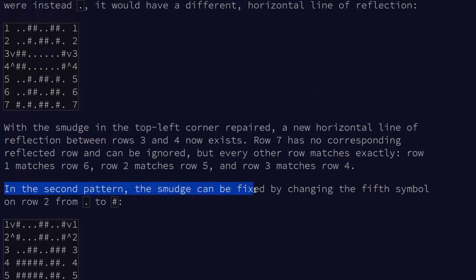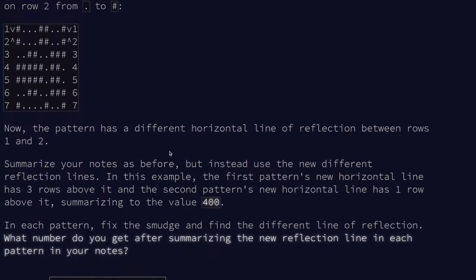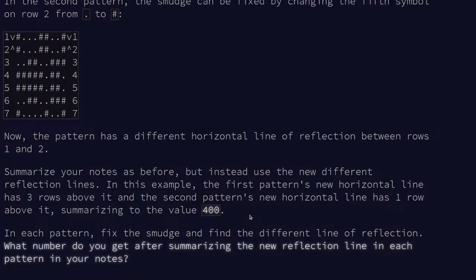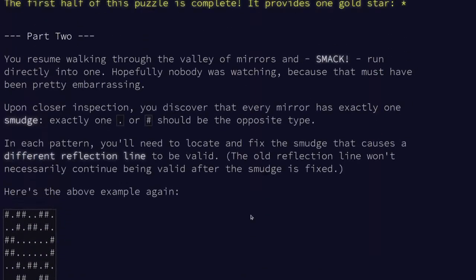The second pattern is much more confusing. Okay, now the pattern has a different horizontal line, but does it have a different vertical line? Or do we not care about vertical lines anymore?